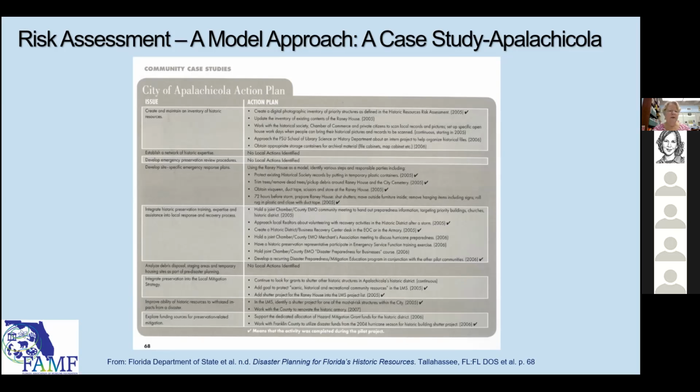Long-term goals included actions that would take additional time or resources to complete. And again, on this chart, you can see some of the issues that they needed to address. For example, create and maintain an inventory of historic resources and what the action plan to address that issue would include. The check mark indicates action plans that were completed during the initial phase of the project, the pilot project.